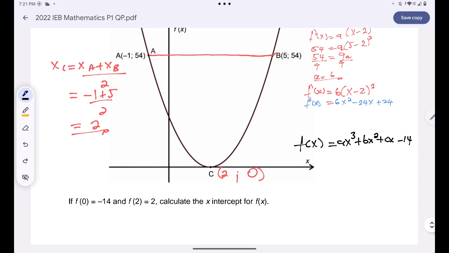Why am I saying minus 14? Because I know that when x is 0, the corresponding y value is negative 14, which simply means negative 14 is my y-intercept. Are we together?